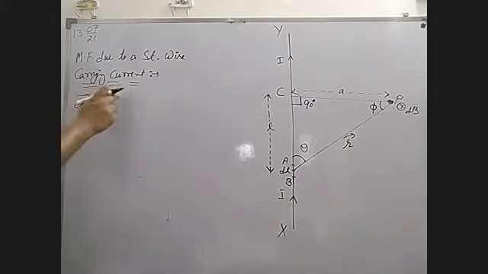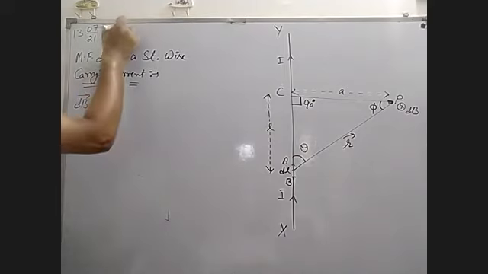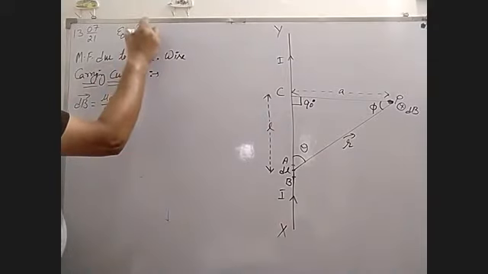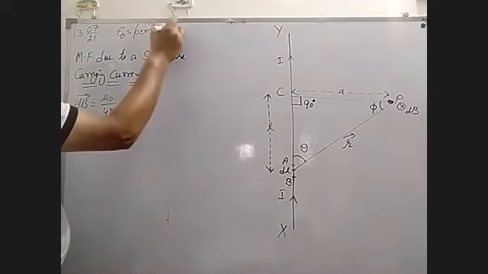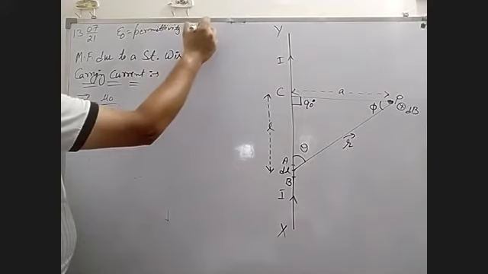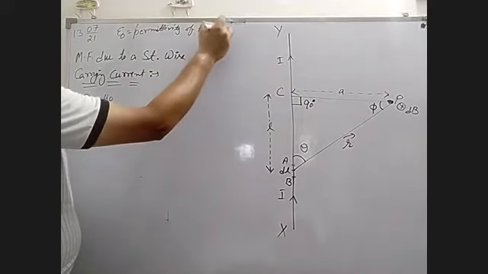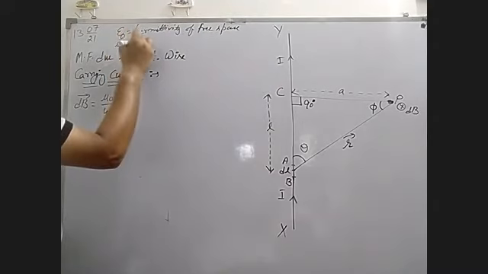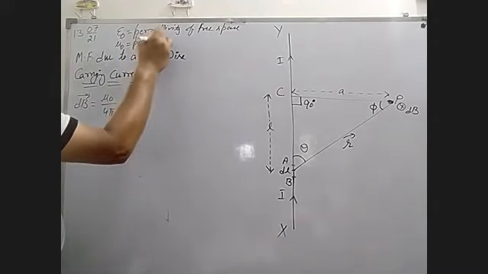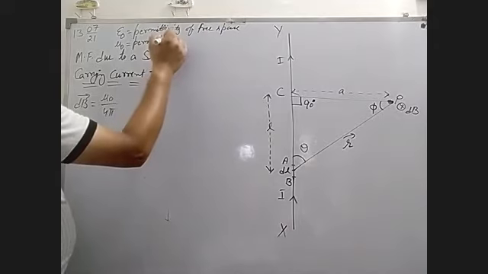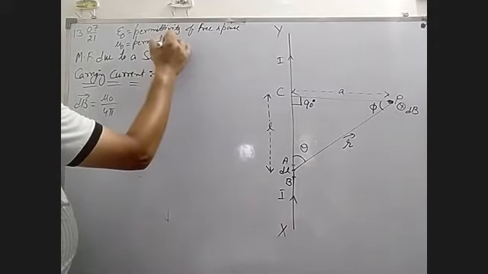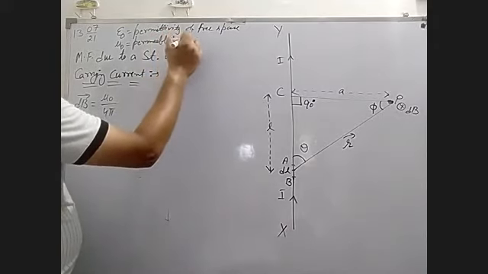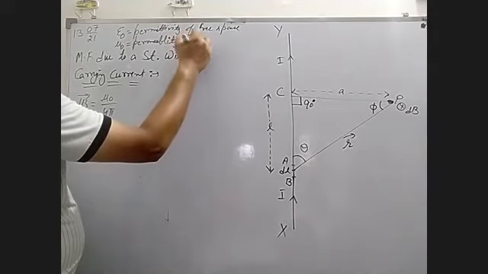Mu naught is the permeability of free space, and epsilon naught is the permittivity of free space.